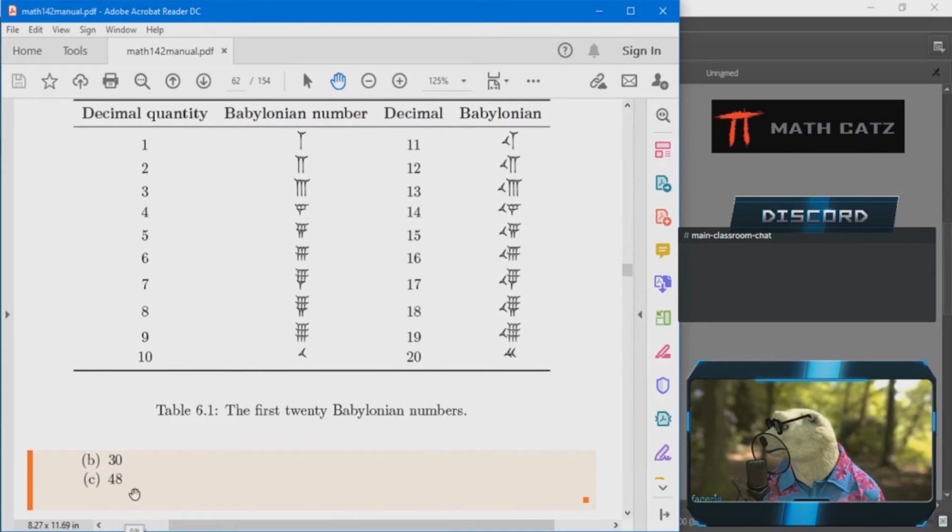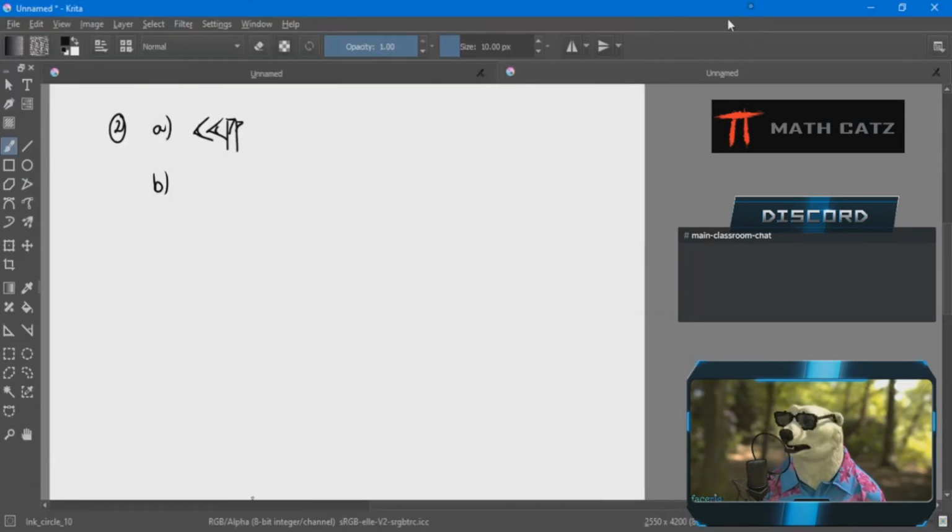So before we get to the rest of the exercise questions, you see here they listed some representations of the first 20 and just sort of a cluster of these symbols repeated. So 30 will just be 3 10s. They're nice and tight together, so there's no question that this should go together.